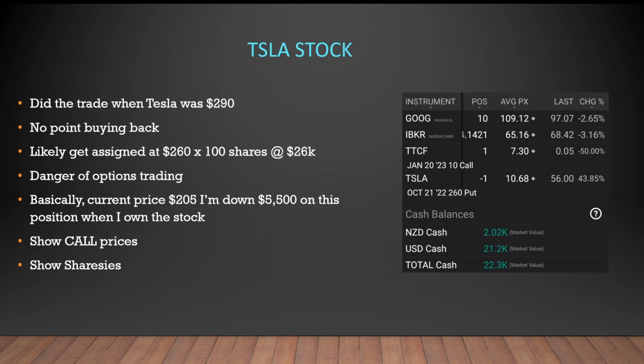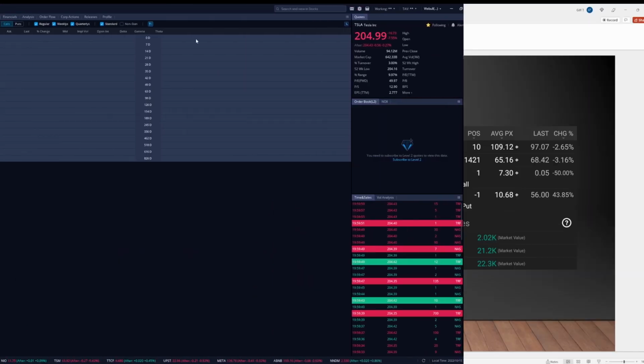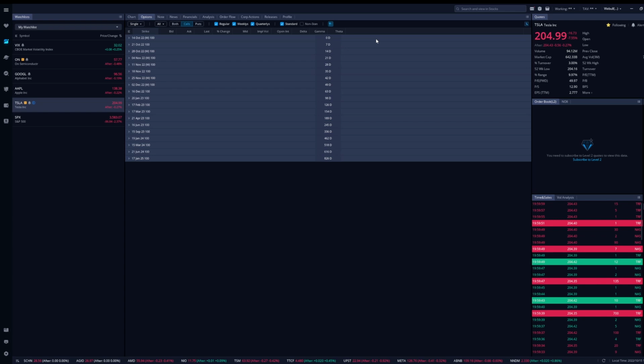Once I get assigned the shares, one of the things I could do is a call option. However, because the price that I bought them for, which was $260, is so far away from its current price, it's really not going to pay that much. But let's go have a look at the table to see if I can actually get any money from it. Let's go into the future here and pretend I got assigned those shares at $260.